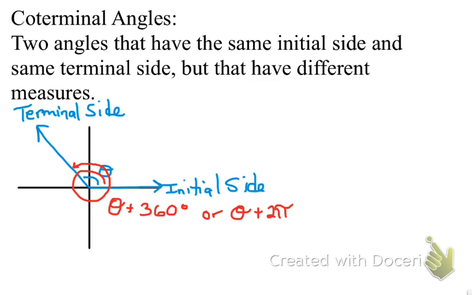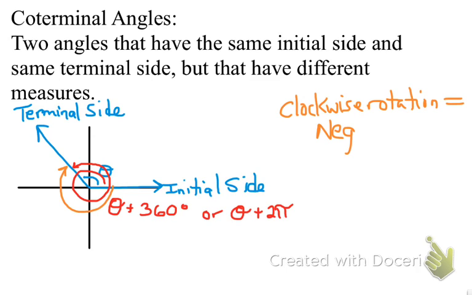Those are positive coterminal angles. Another example is if we start at the same initial side, but rotate our angle the opposite direction, if we rotate clockwise, this angle is actually what we consider to be a negative angle because of the clockwise rotation. Clockwise rotation equals a negative angle.